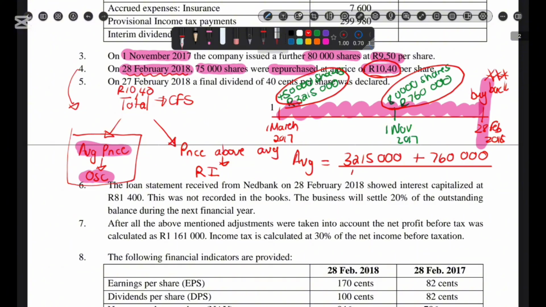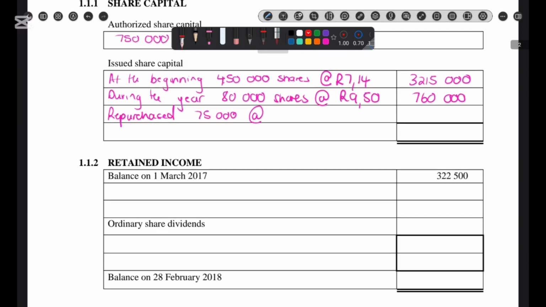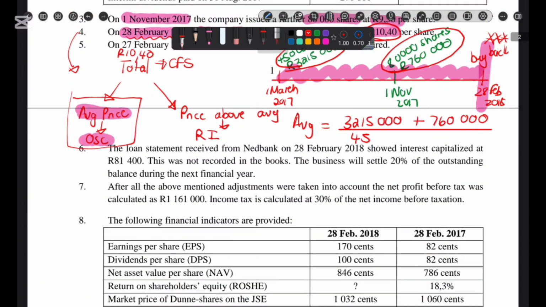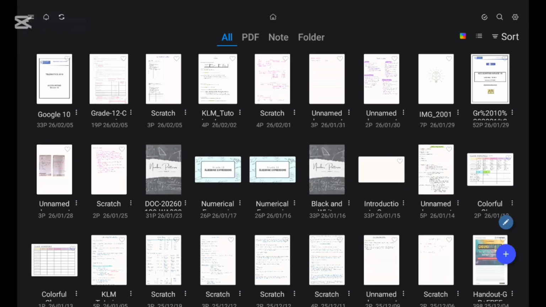So at the beginning we had 450,000 shares plus the 80,000 shares. So now my average price, if I go and put it into my calculator, right?